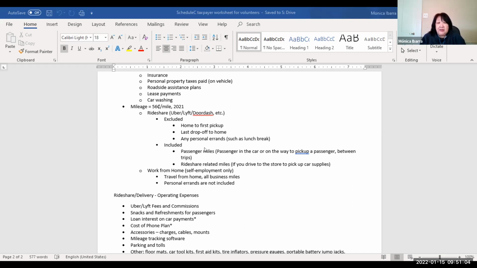What is included is anything that you do to drive somebody, of course. But if you are driving for Uber or Lyft and you decide, the rates here where I am right now are not very good, I'm going to go over to another area.